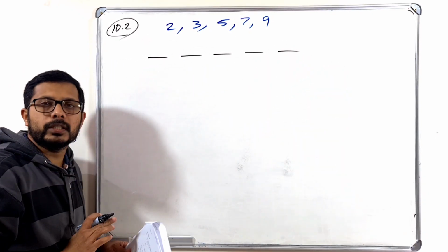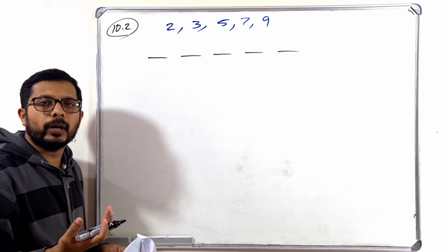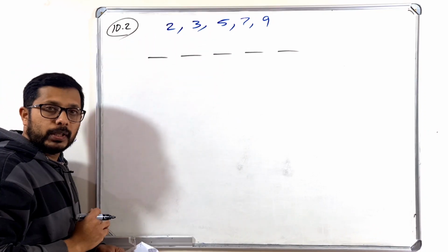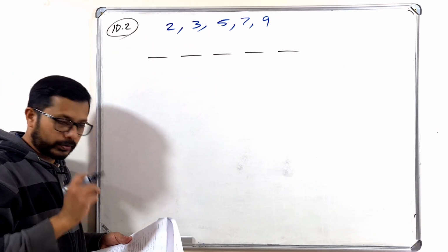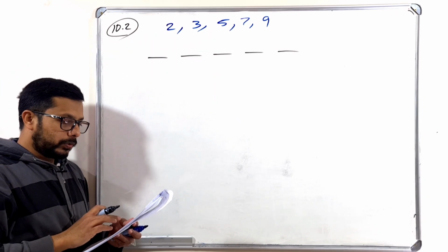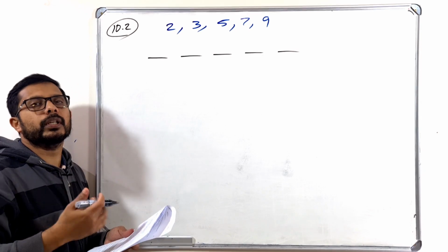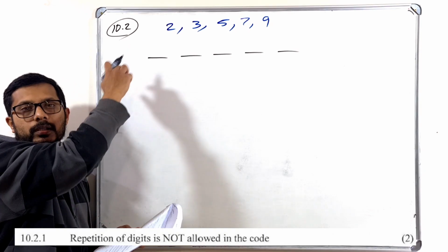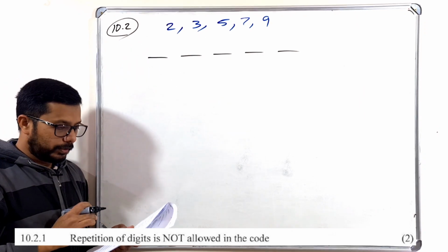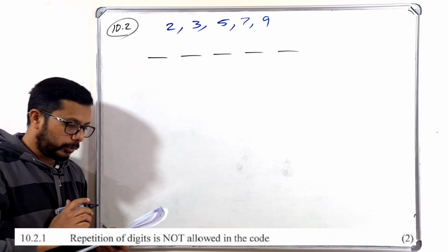There are 5 digits in that code, and 5 numbers are given. Don't forget that. Now what is the question? How many different codes can be created using these 5 numbers? Okay, what is the first question? Question number 10.2.1.